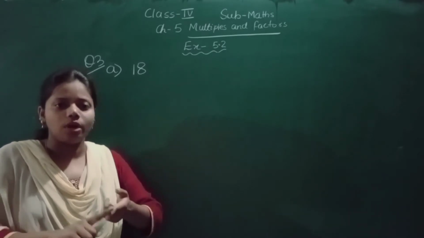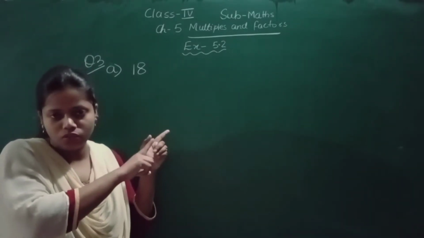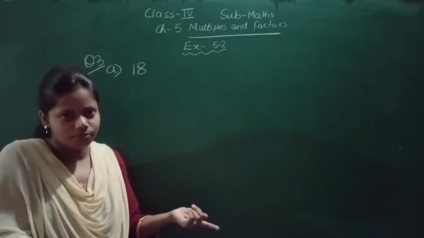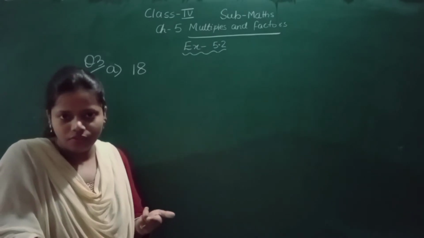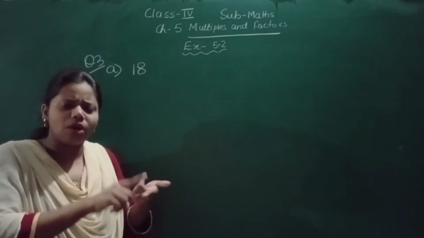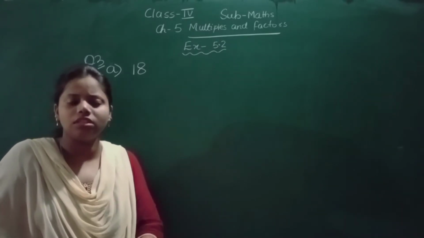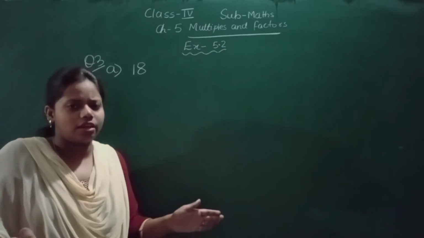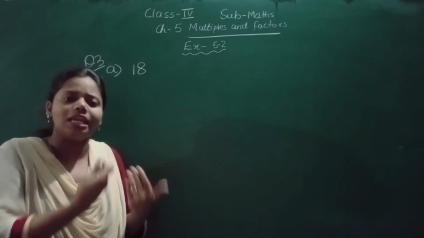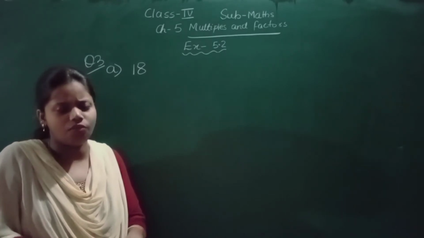We know that 1 is a factor of every number, because every number comes in the table of 1: 1 18 is 18. And every number is a factor of itself. So we already know that 1 is a factor of every number and every number is a factor of itself.